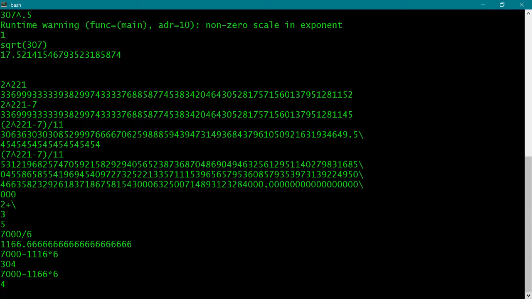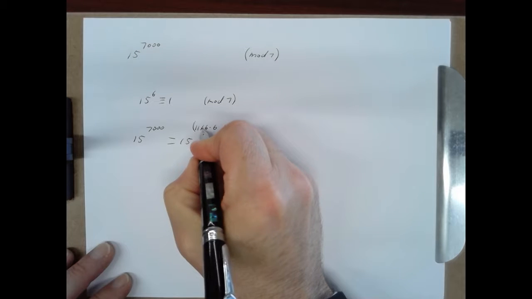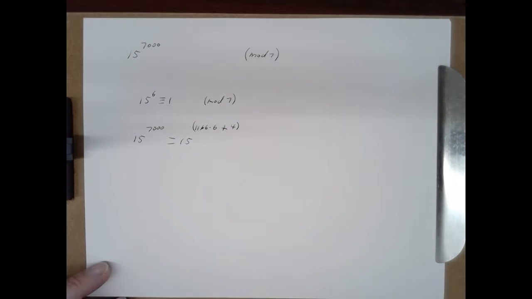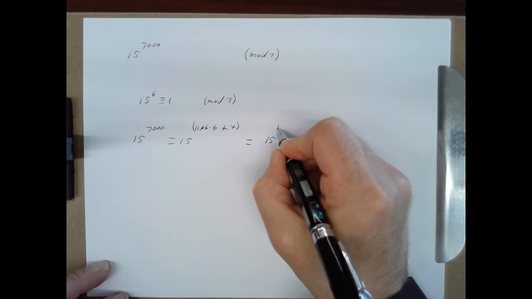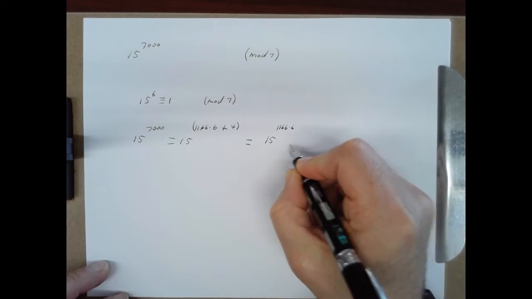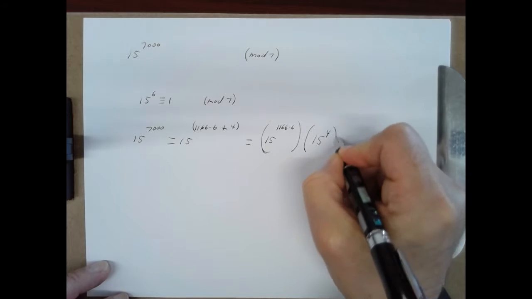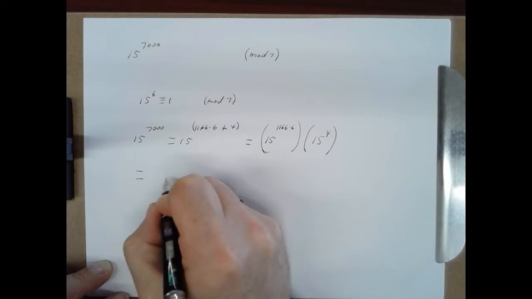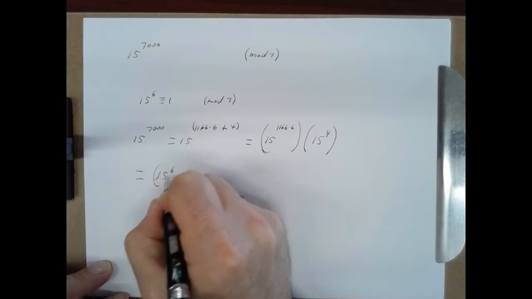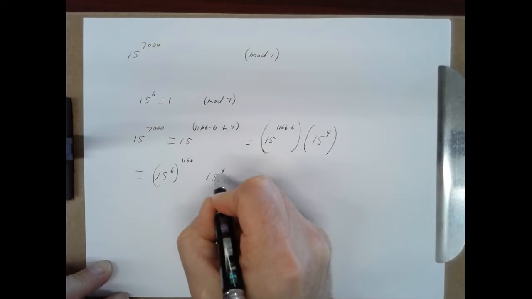So 15 to the 7,000th is actually 15 to the 1166 times 6 plus 4, which is 15 to the 1166 times 6 times 15 to the 4th, which is 15 to the 6th raised to the 1166 times 15 to the 4th.